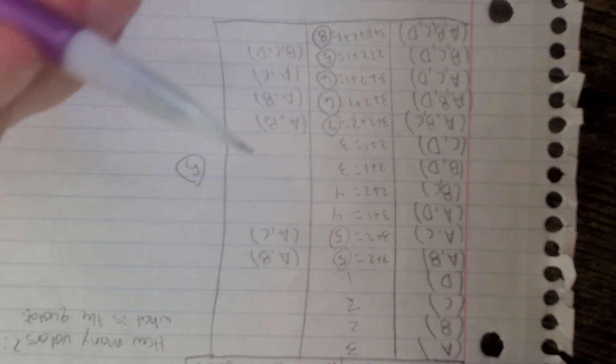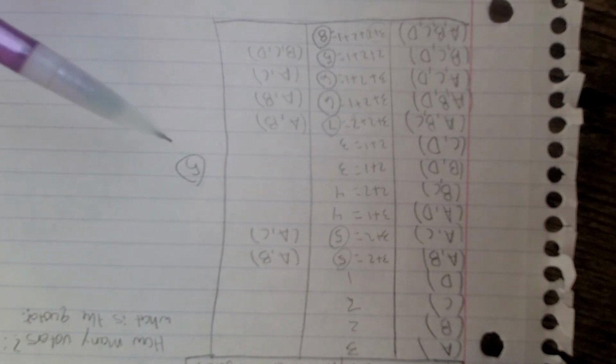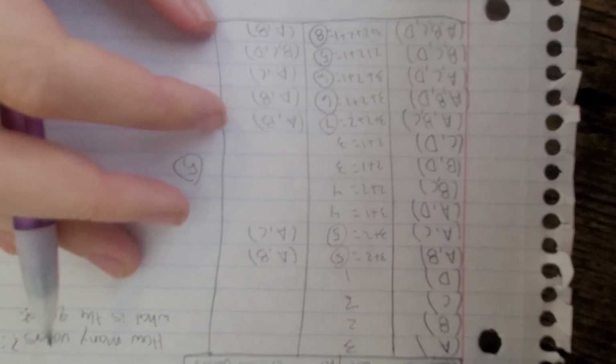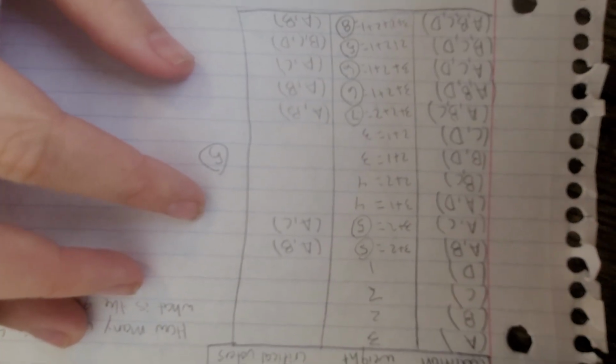Well, no, we don't, because 8 is higher than 5, and we already meet the quotient here. So in reality, the only essential voters would be A and B, because we don't need the 3 to get to 8, because we already have enough. So when you're looking at critical voters, that is how you figure that out.